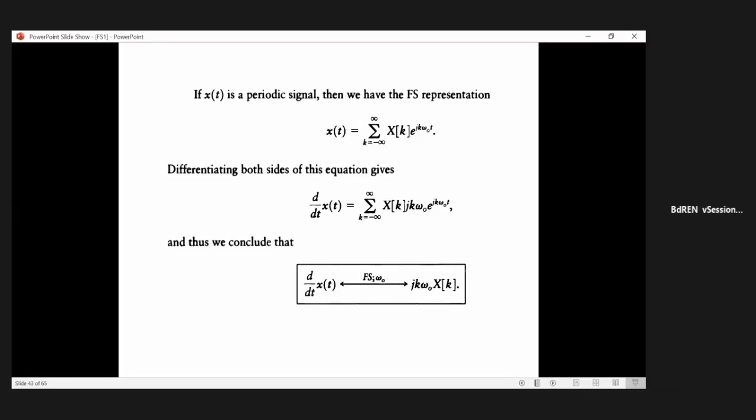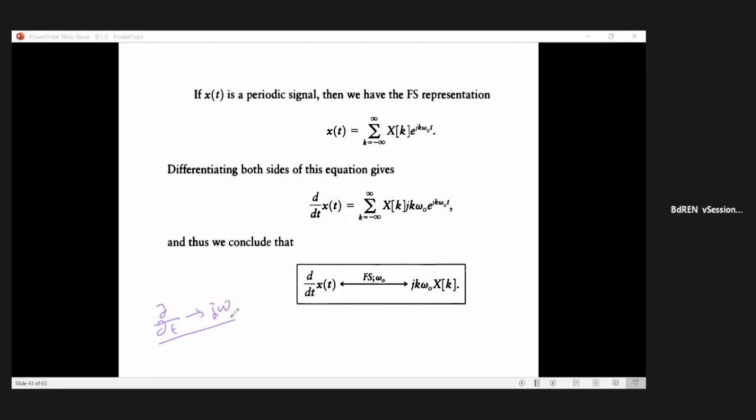Now, if we have a periodic signal, what change will be there in the Fourier constants? Because we talked about Fourier series. If we have a periodic signal, you know that it will have discrete frequencies, that is, integer multiples k omega 0. But if we want to take the derivative of our input signal, we have seen that in the Fourier transform we replace the derivative by j omega.